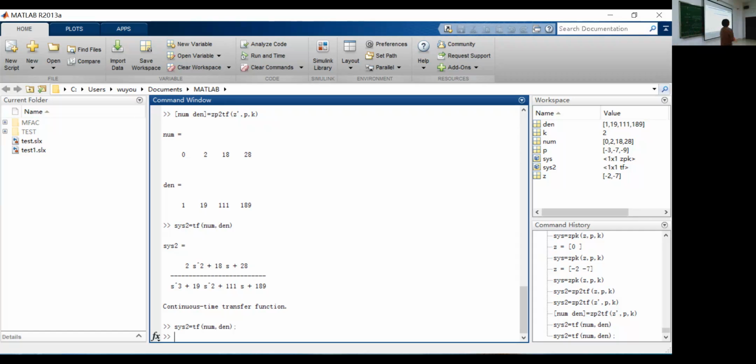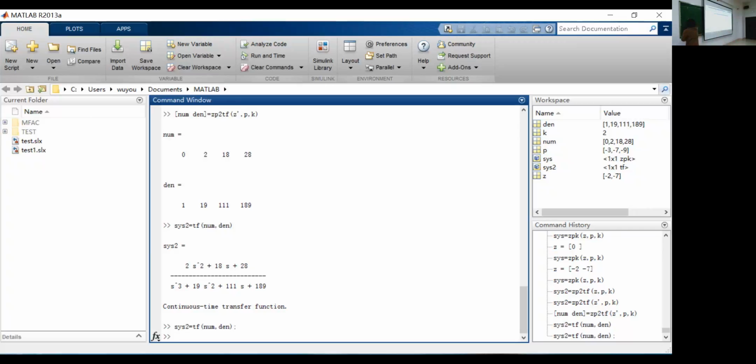There are some kinds of connecting we learned. First one is what? Connecting in series. Okay, 1 and 2 in series. And then parallel. And feedback.